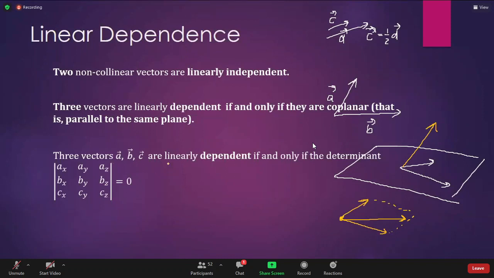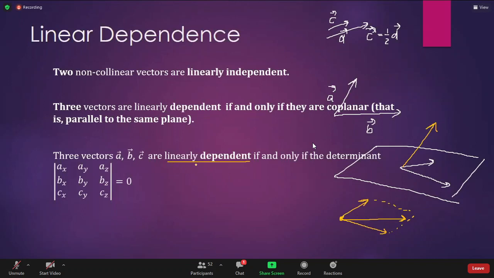And now, vectors are linearly dependent if and only if the determinant formed from their coordinates is 0. So now we see, again, a connection to matrix algebra, to linear algebra. Determinants. Not only is a vector a row matrix or a column matrix, but now we also get determinants to discuss vectors.